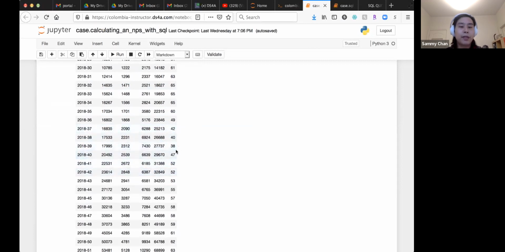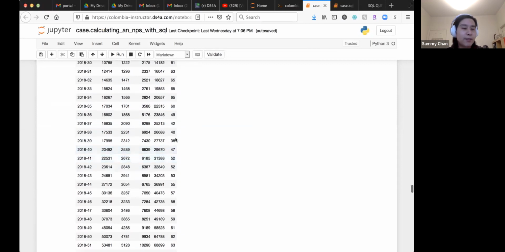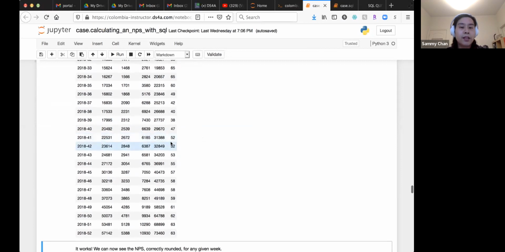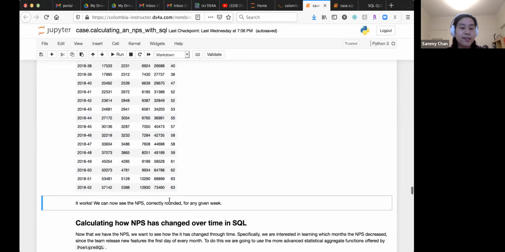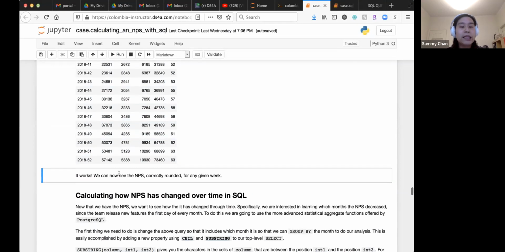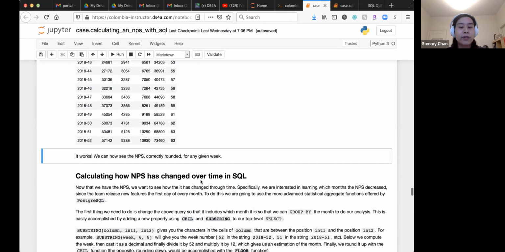There was probably a bug in, say, September, October, given the number of weeks. Then the engineering team fixed the bug, and the satisfaction went back up. So we're also seeing the NPS went back up to the 50s and 60s. So we can now see the NPS rounded for any given week.